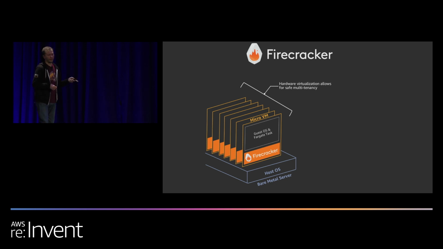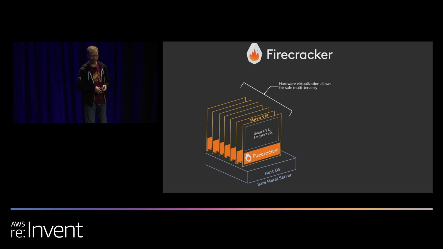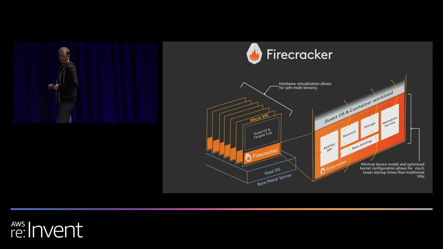Let's revisit Firecracker to see how it helps with this utilization problem. So in addition to the isolation benefits that we discussed earlier, Firecracker also provides two more attributes that are really attractive for serverless platforms like Fargate and Lambda. First, the micro VMs spun up by Firecracker are not traditional VMs, because we made an opinionated choice to emulate a very minimal device model.